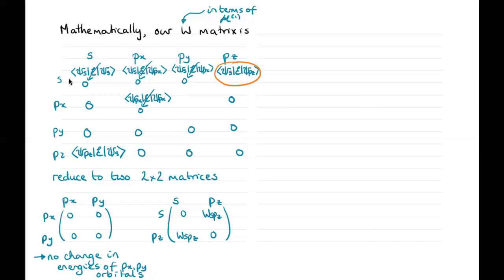And I can solve this equation and find that my first order corrections to the energy are plus and minus this W_SPZ quantity.